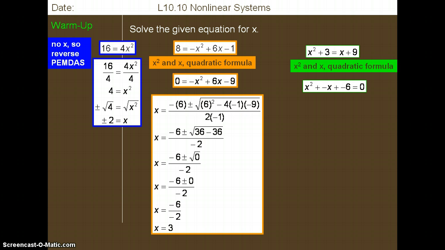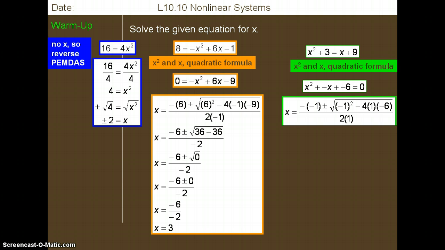The final one, I want you to go ahead and use the model that we just did in the orange one to go ahead and finish off this green one. One step at a time. You should see something that looks like what we see here on your paper. One step at a time.